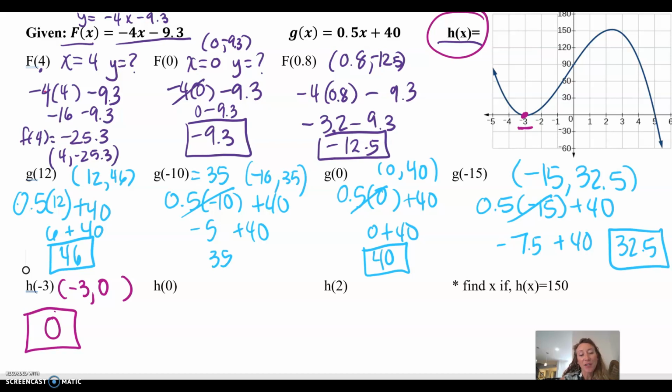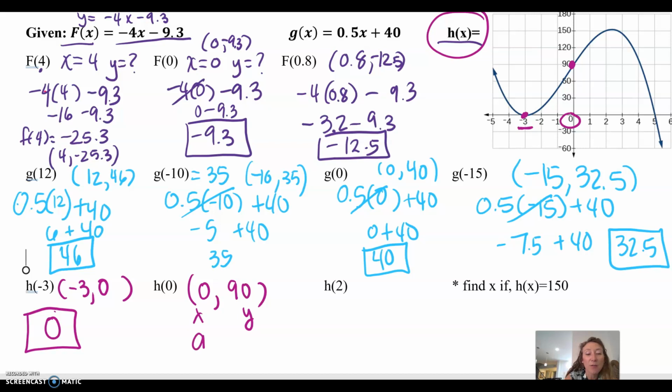Well, what about h of 0? Is h of 0 negative 3? No. H of 0 says we've got 0 comma something, and we're looking for the y value. So I go to 0 for x, and I go to the function. The function's right here. Very, very nice. That tells me that my answer for y is 90.